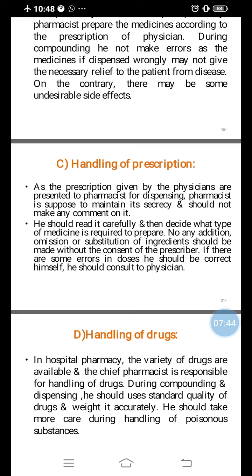He should read it carefully and then decide what type of medicine is required to prepare. No omission or substitution of ingredient should be made without the consent of the prescriber. If there is some error, he should not correct it himself.